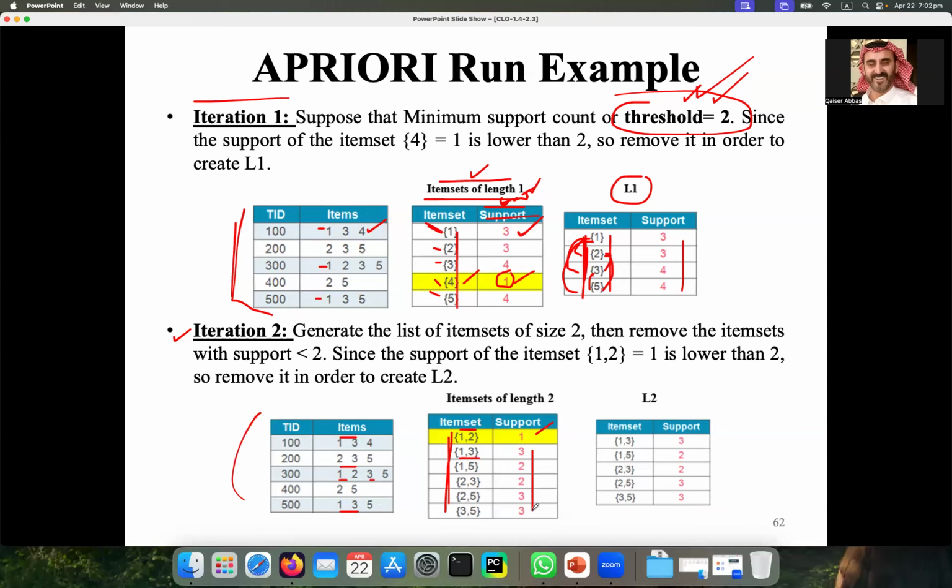Again, this count is less than the threshold, so we can remove this pair. And whatever pairs remain, write them here with their counts. This is your L2. And this is what we did here, as mentioned in these sentences.